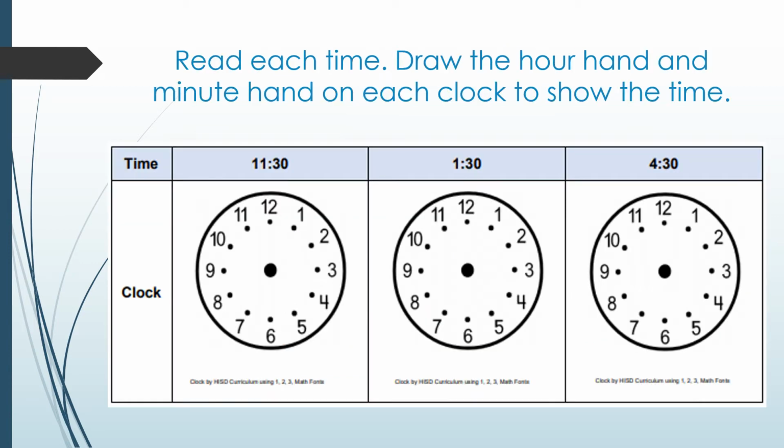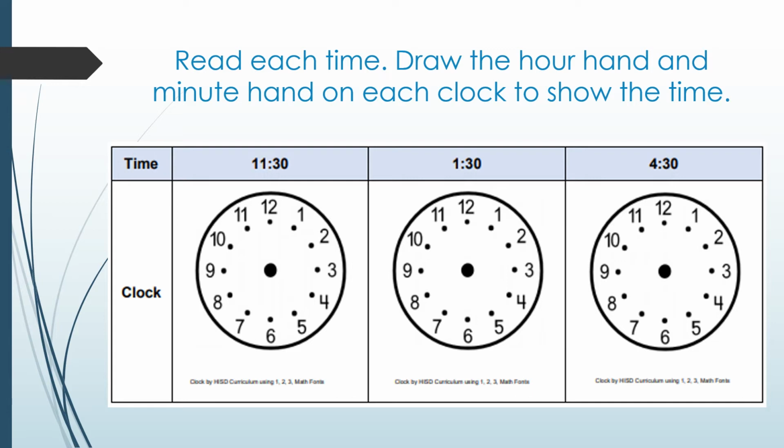Read each time, draw the hour hand and the minute hand on each clock to show the time. So our first time, our digital time, says 11:30. Since it has 30 minutes, we know the minute hand will not be at the 12. 30 minutes is pointing down at the 6.